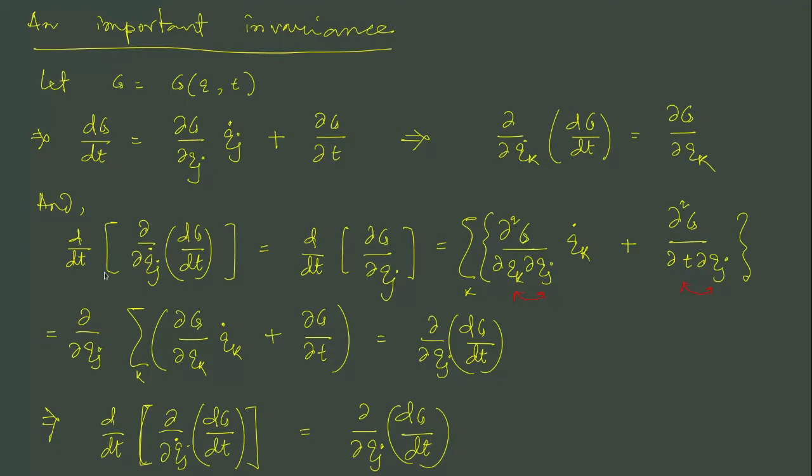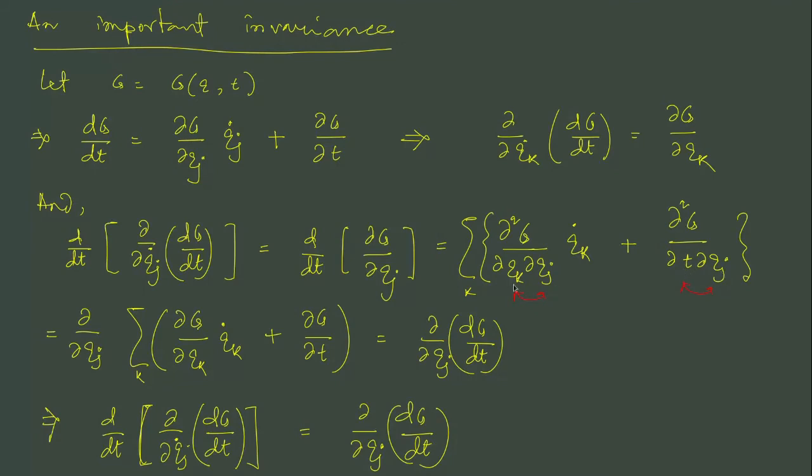And now, suppose we take the total time derivative of the left hand side here. That would be equal to d dt of del g del qj, and we can expand that using the chain rule. So we'll have a sum over k of del 2g del qk del qj times qk dot plus the partial derivative with respect to time and qj.